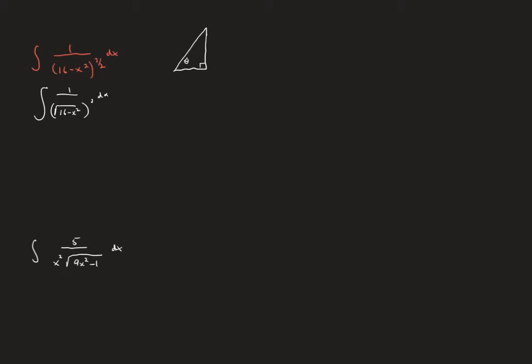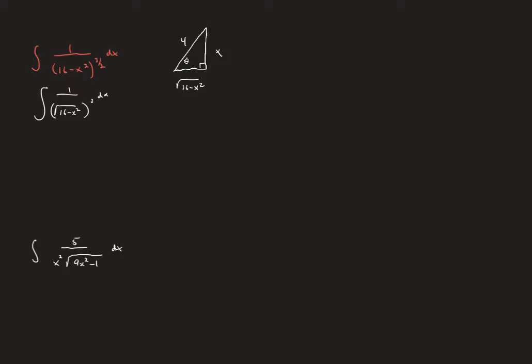So because we have a square root of 16 minus x squared, we're going to put the 4 as the hypotenuse, and then we can either choose this side to be the x and this side to be the square root of 16 minus x squared, or we may have to switch those around.